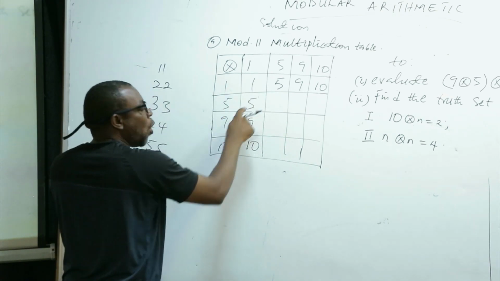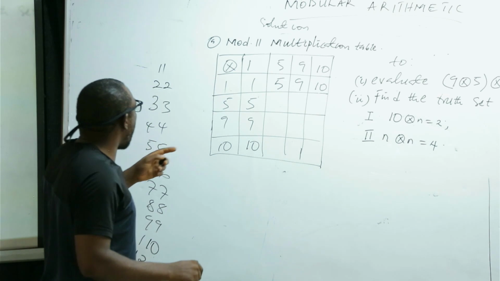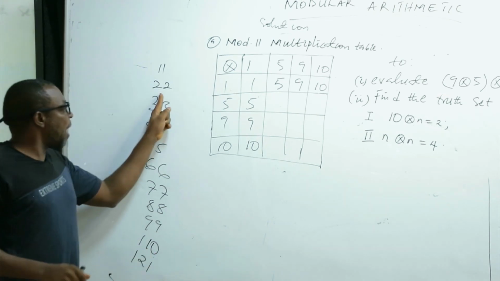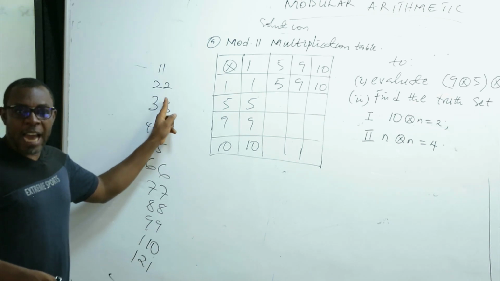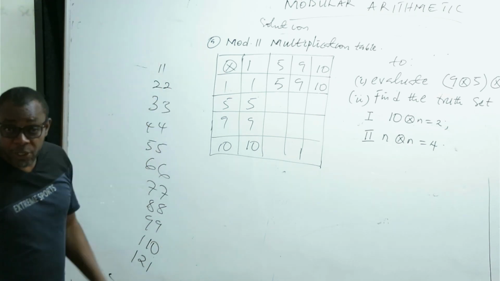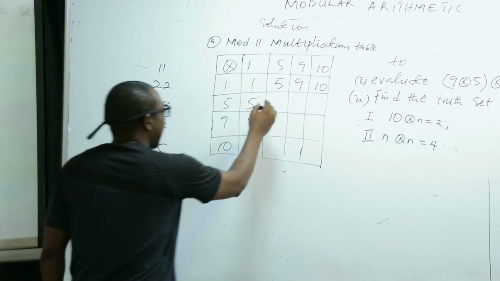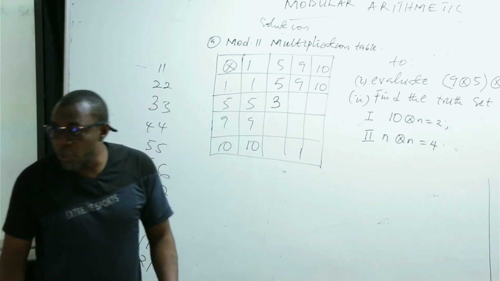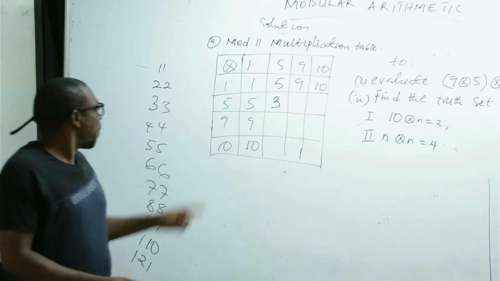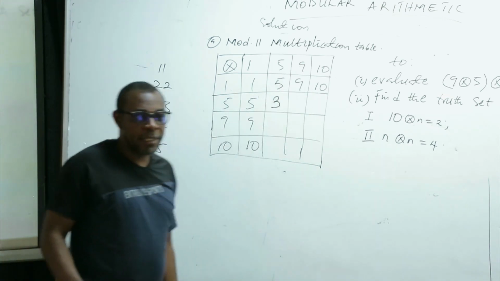5 times 1 is 5. 5 times 5 is 25. Look at 25 here. What is the difference between 25 and the equivalent class in front of it? You bring your 3 here. 5 times 9 is 45.